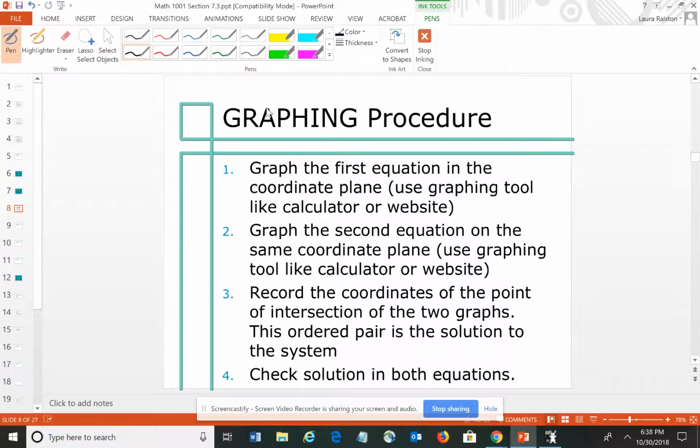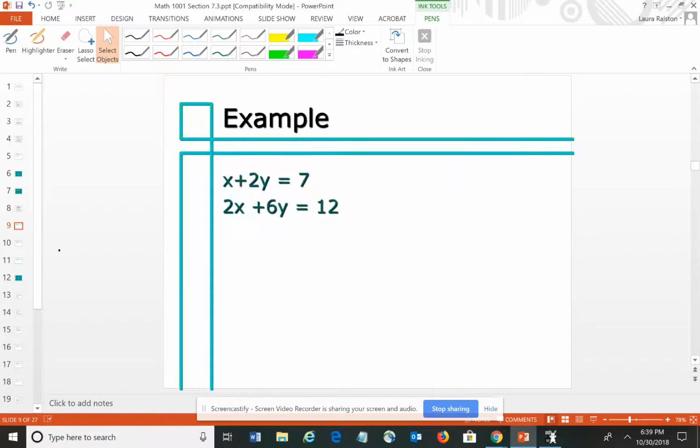And the proper form for putting it into the graphing calculator is y equals mx plus b. So we have to actually solve the given equations for y if they're not already solved. And then we want to look for the point of intersection if there is one. And for systems, we typically want to take the extra time to check our solution in both equations as well. So let's take a look at an example.